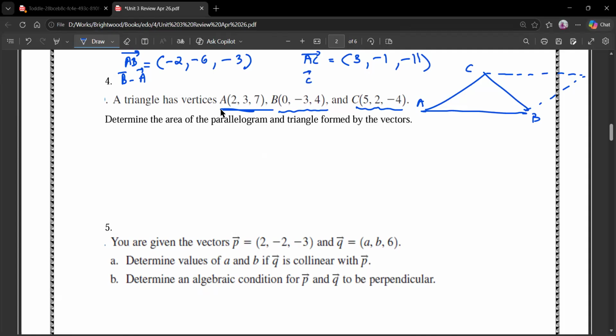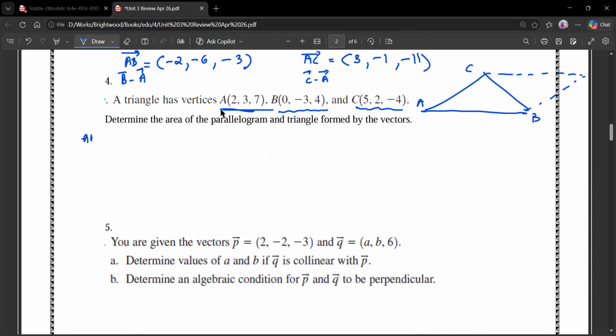These are the values we are considering. Now you have AB and AC as vectors, so you can take the cross product of these two as the area of the parallelogram.